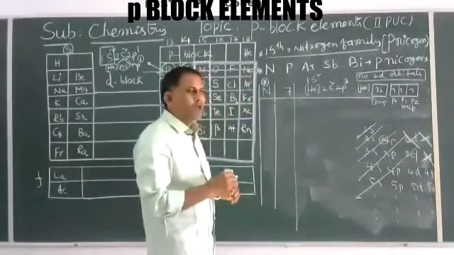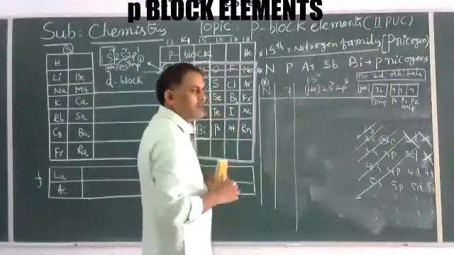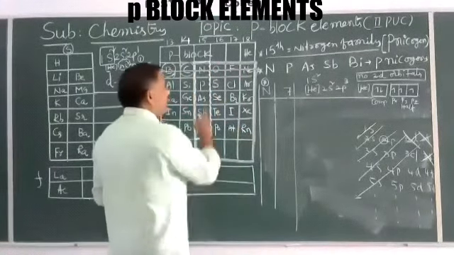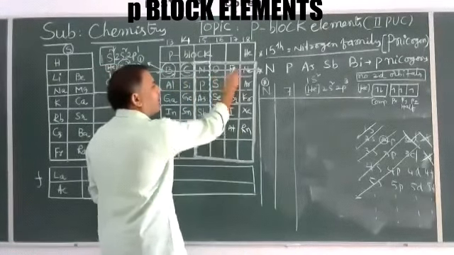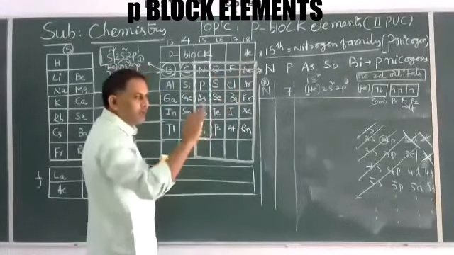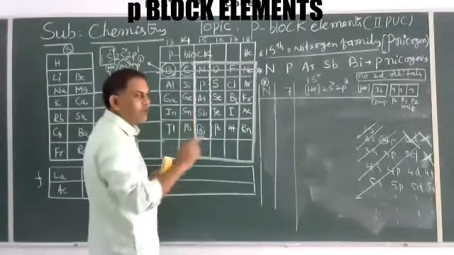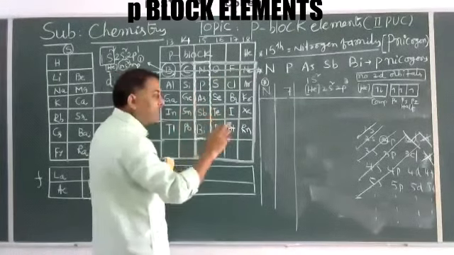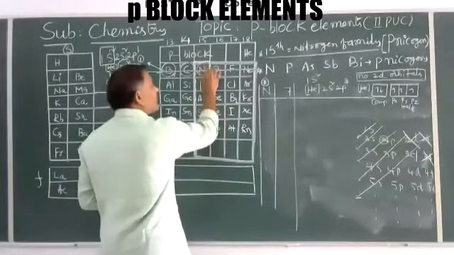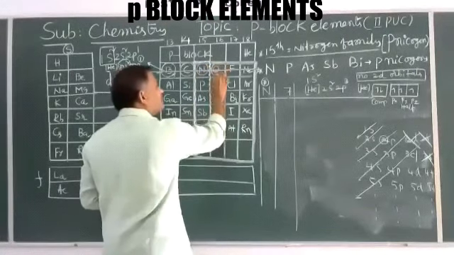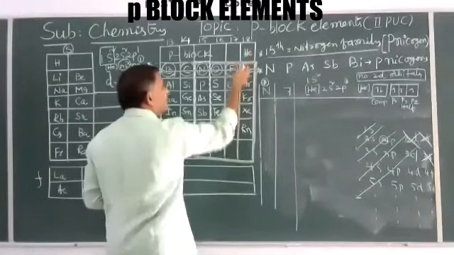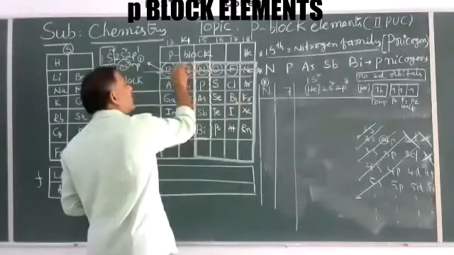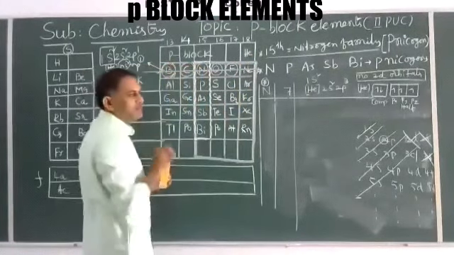Regularly in PU level theory or subjective questions, in each and every family, whether carbon, nitrogen, oxygen, fluorine or the zero group, we can observe one question: the anomalous properties of nitrogen, of oxygen, of fluorine, or of carbon and boron.